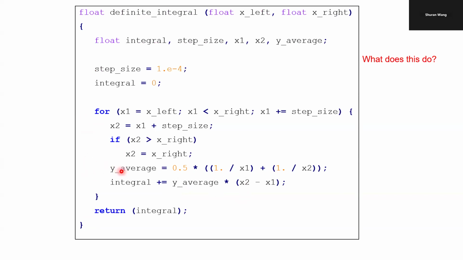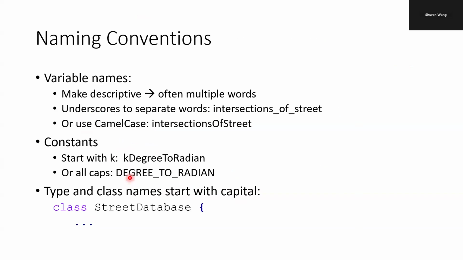So writing more in the variable names really helps on quickly getting a grasp of what this function does. So naming conventions for variables: make descriptive, often multiple words, variable names.